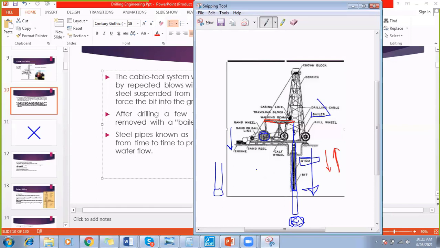That combination may include the bit, the collar, and other components like the drilling pipe. So the combination of these components will be called the drill stem.